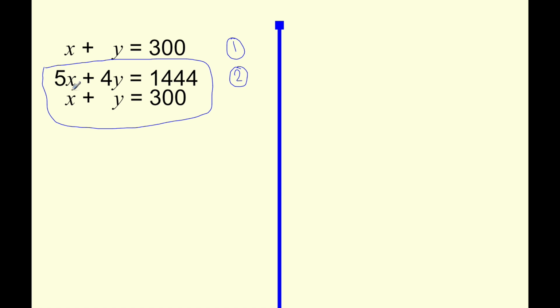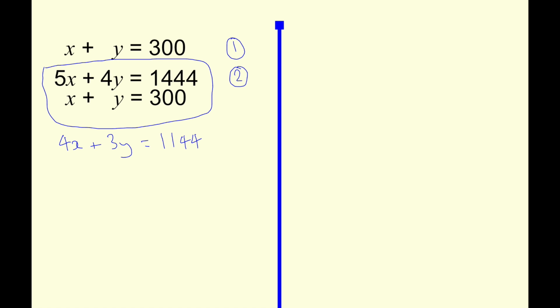So we've got 5 x's, take away an x, 4x, 4 y's, take away a y, 3 y's, 1,444, take away 300, 1,144. Now, what we want to get down to is we want to eliminate one of these letters.